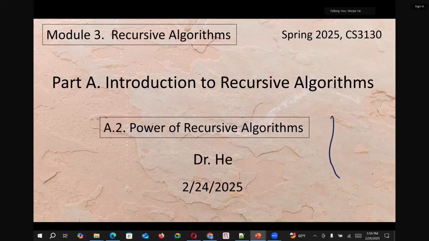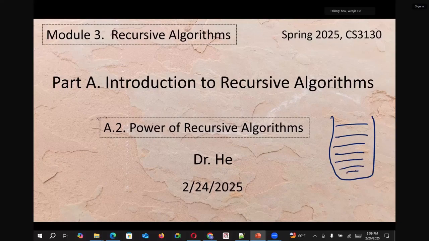The stack could be very deep. Then we may have that stack overflow problem, right? That's the runtime error. Stack overflow, run out of memory.